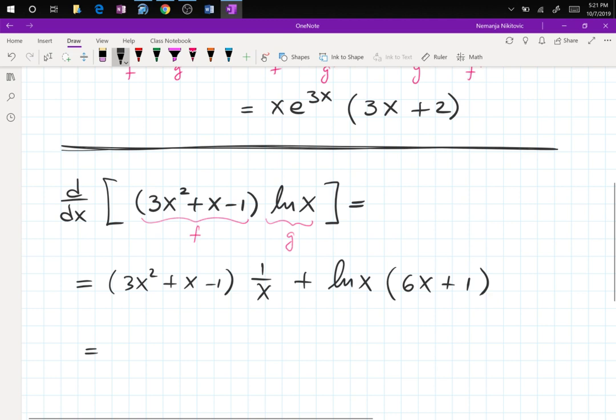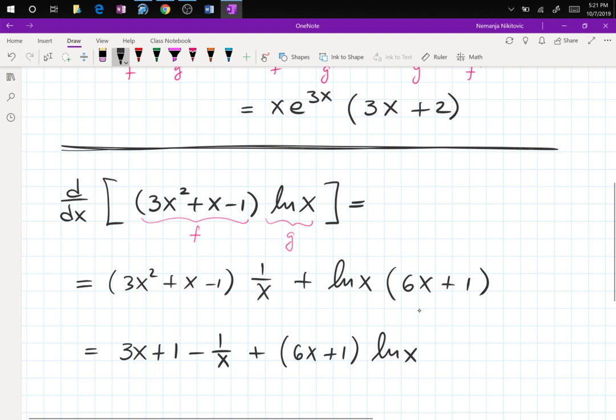Not much we can do over here. We have 3x plus 1 minus 1 over x. When you distribute 1 over x, it multiplies into all of these. And then plus ln x. Actually, we put the polynomial in front, so it's 6x plus 1 times ln x. There is really nothing we can factor here.